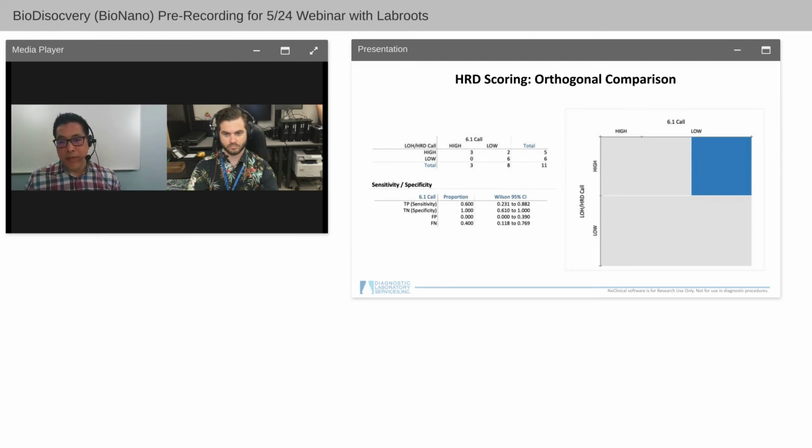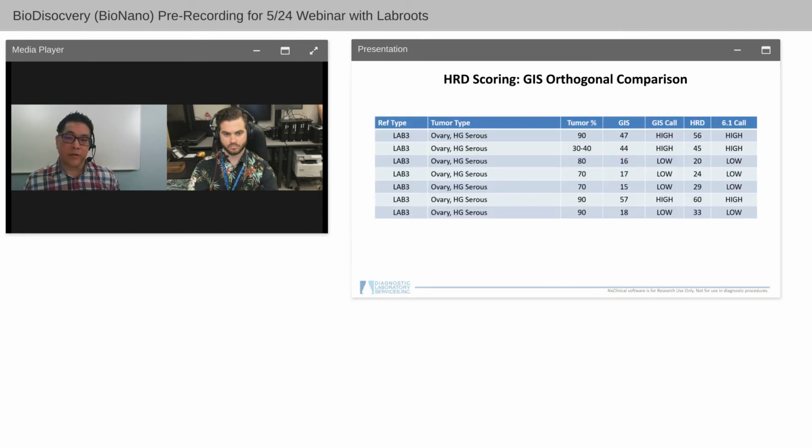So the next comparison we did was basically looking at apples to apples. Let's look at what true comprehensive looks at HRD deficiency and genomic scarring look like from an orthogonal view.